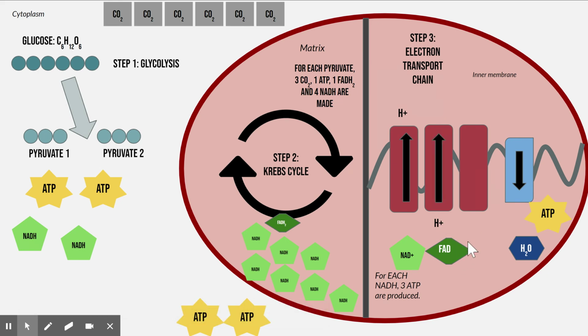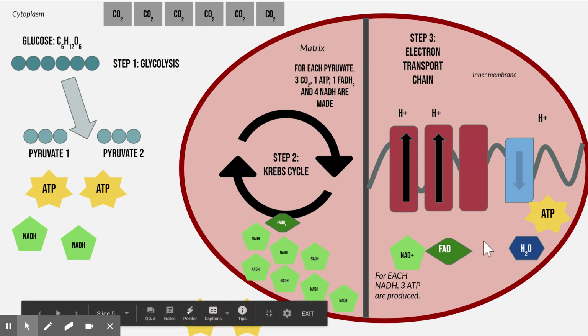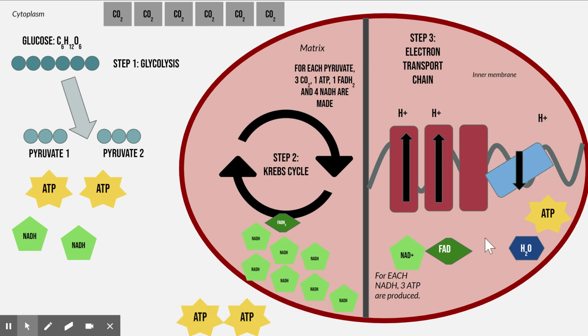It is now pumped through the carrier protein. After it's pumped through, it enters into the ATP synthase, which is shown by the blue. As it pumps through, it causes the synthase to spin, which creates, once again, ATP and water.